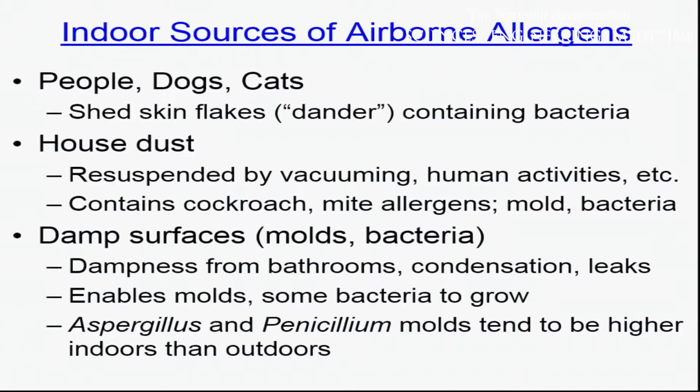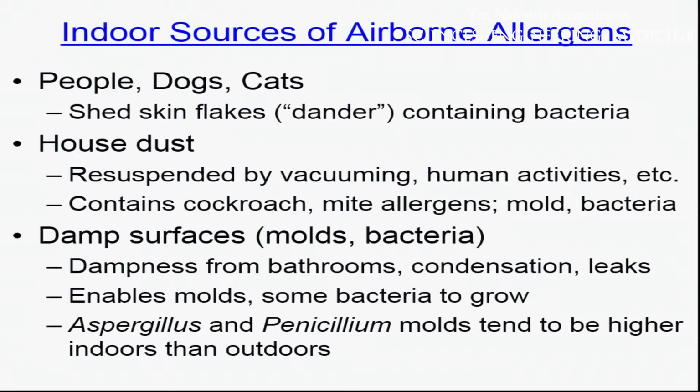And then kind of the last general category of indoor source I would call damp surfaces. You can find damp surfaces in bathrooms, places in your house where condensation occurs, where you might have leaky pipes, for example. And this encourages molds and some bacteria to grow.